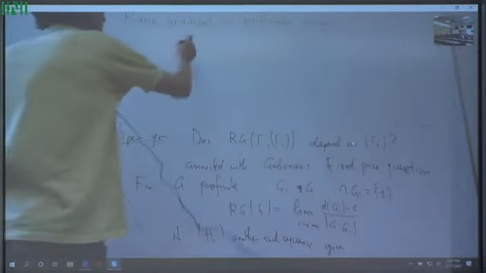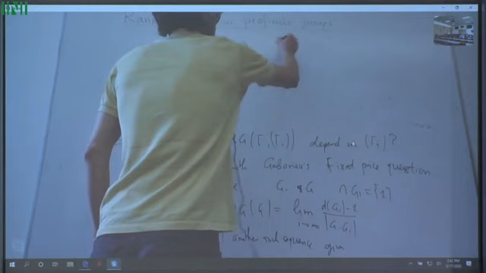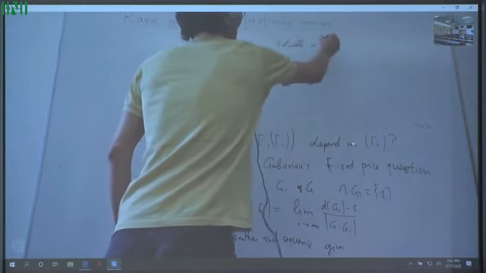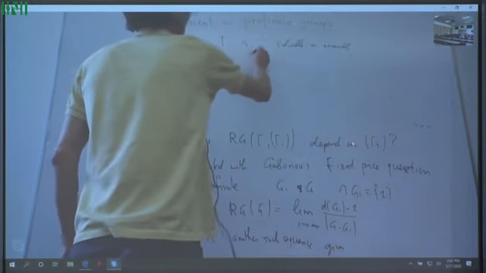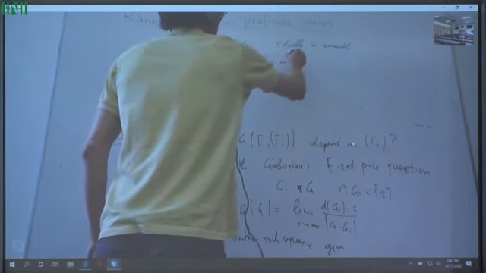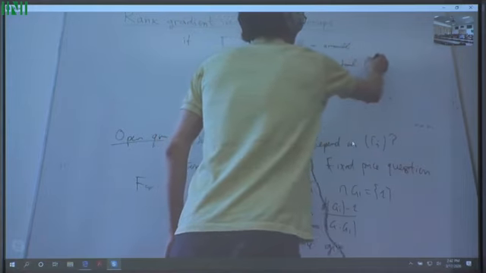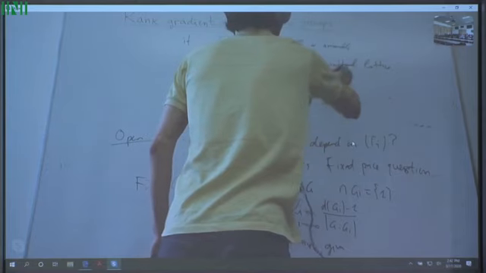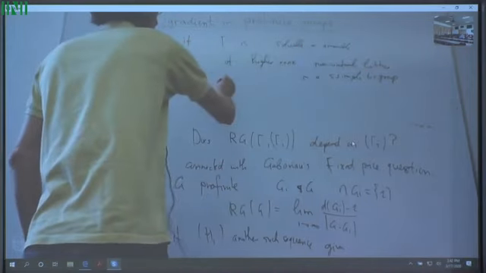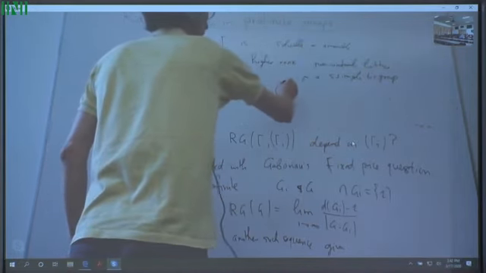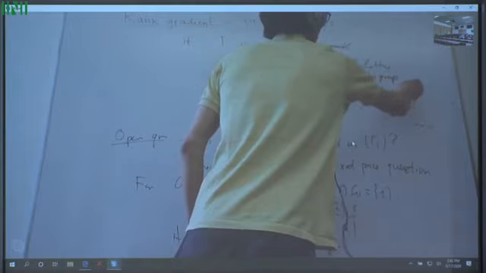So if Gamma is solvable, or more generally amenable, or more generally also a higher rank non-uniform lattice, that is, in a semisimple Lie group, for example SL_n(Z) for n at least 3, then the rank gradient of Gamma is 0 with respect to any chain.